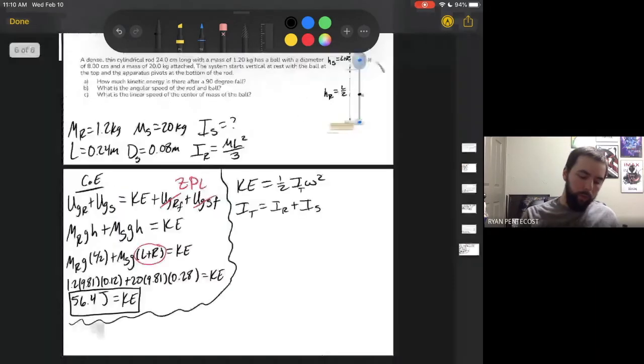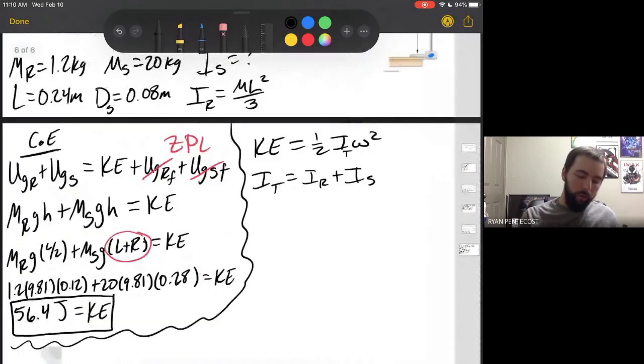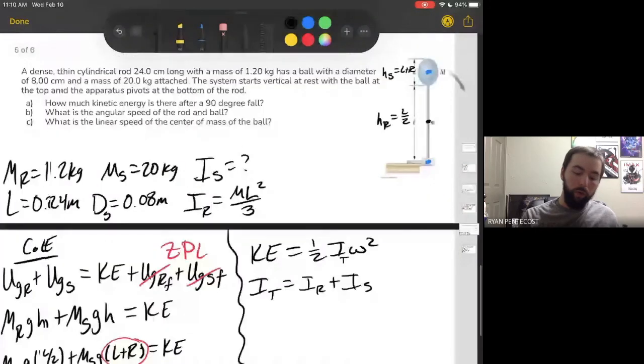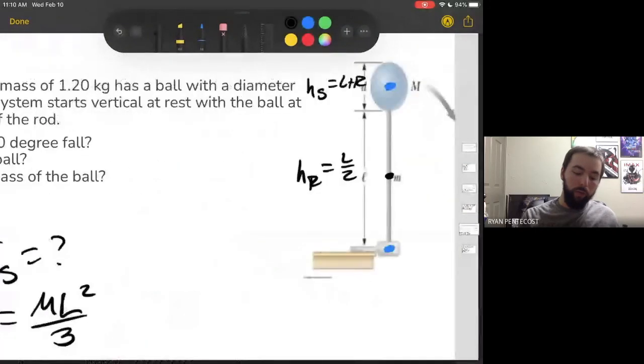So when we look at the sphere being rotated, with that moment of inertia, we're actually going to consider the mass of the rod in with the mass of the sphere.